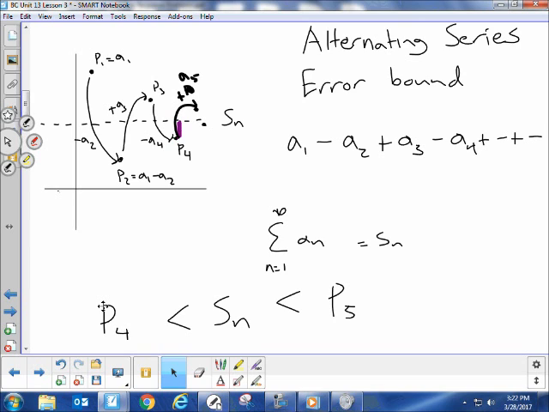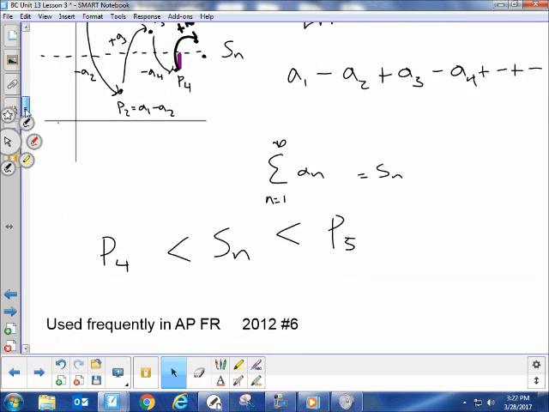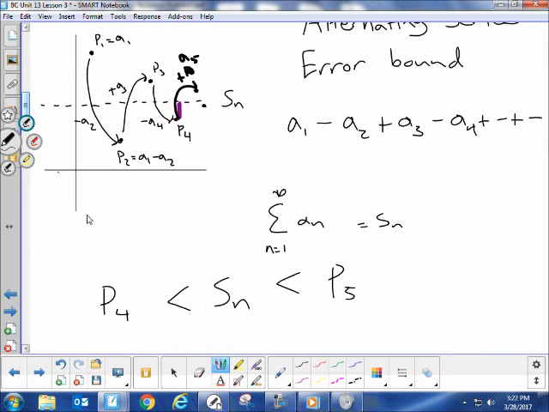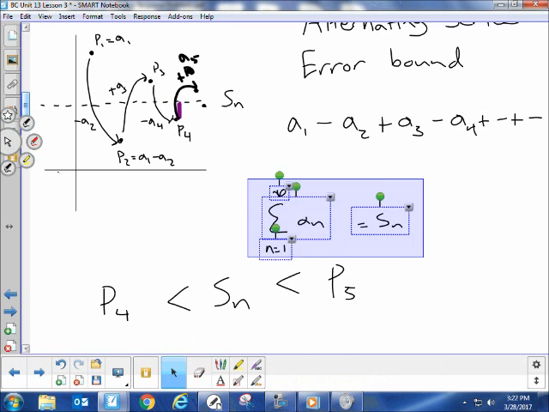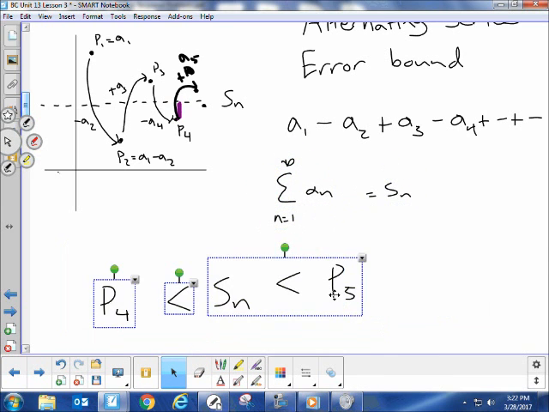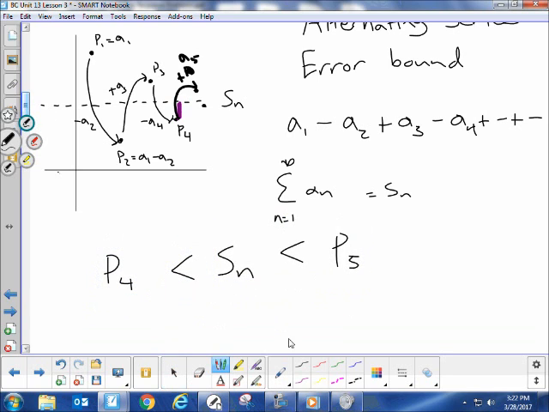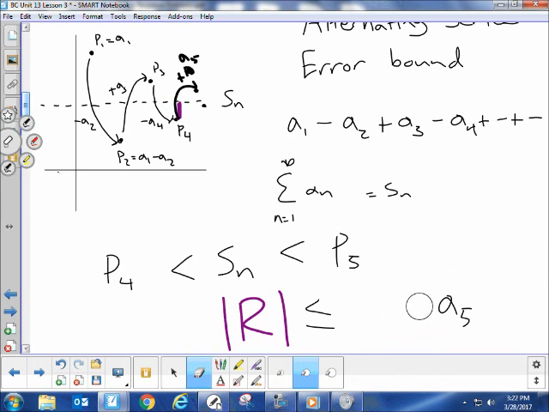We could say, well, our remainder here, this purple R, the max value that it could be had to be less than or equal to my previous term plus my next term. Right? Or no, it had to be bounded by what I just added, my next term.